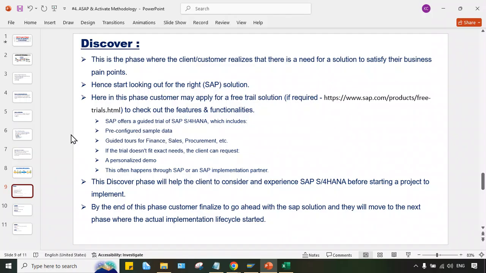Generally, SAP is offering this SAP S4 HANA cloud version, and in that trial certain pre-configured data are already there.